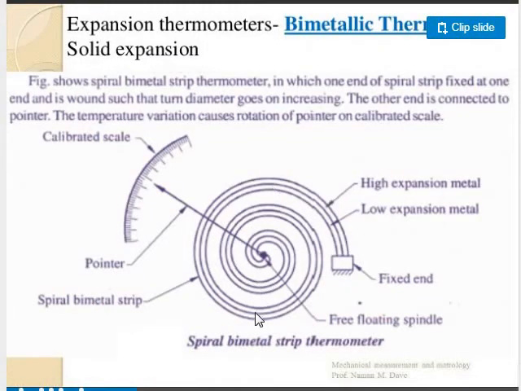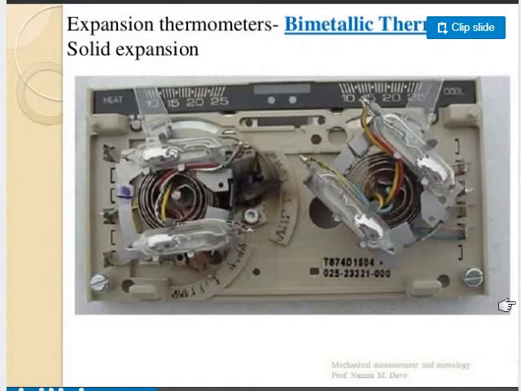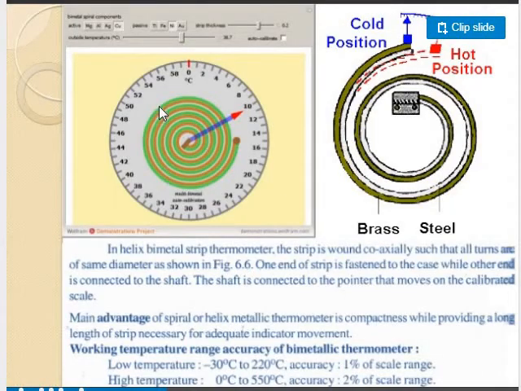There was a gap such that the diameter kept increasing, whereas here it is closely packed. Otherwise it is the same: one end is fixed, and the other end has the pointer and the scale.